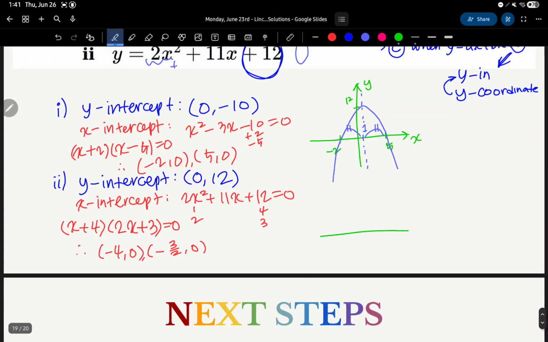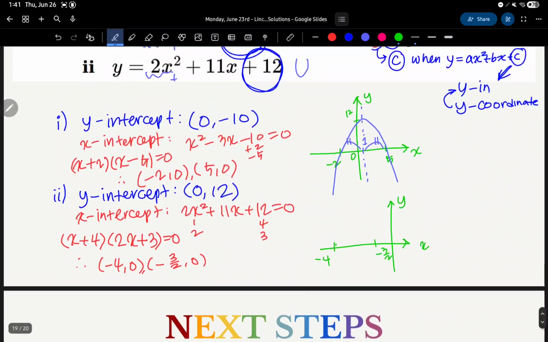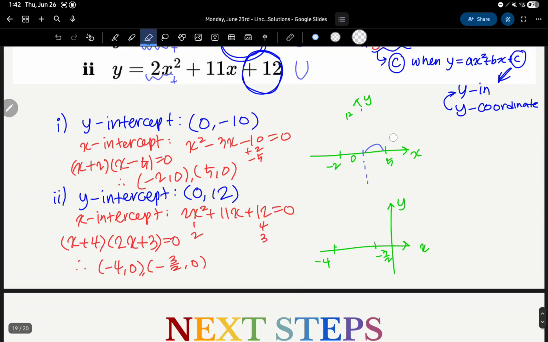So let's try for this one. We know that it's going to cross at minus 4 and minus 3 over 2 and, oh, go back.